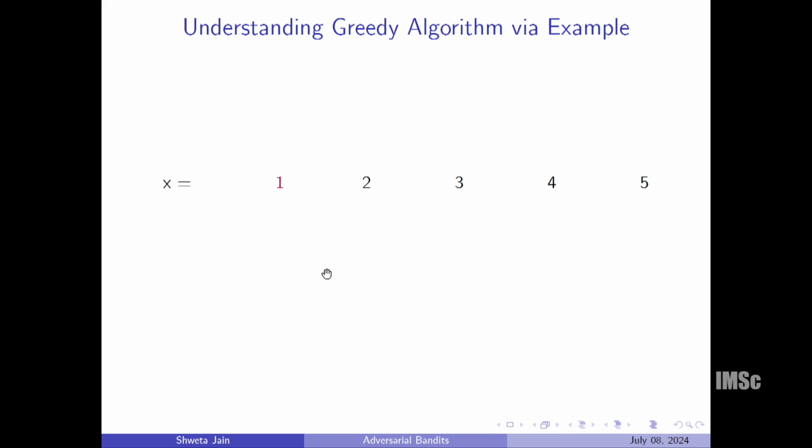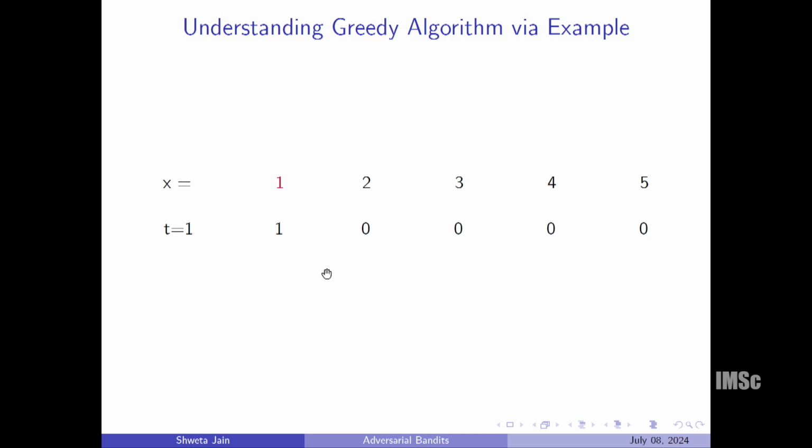I will choose arm number 1. And what will the adversary do? It needs to give me the maximum loss at time t equals 1, so it will put a loss of 1 here and zeros on everything else.